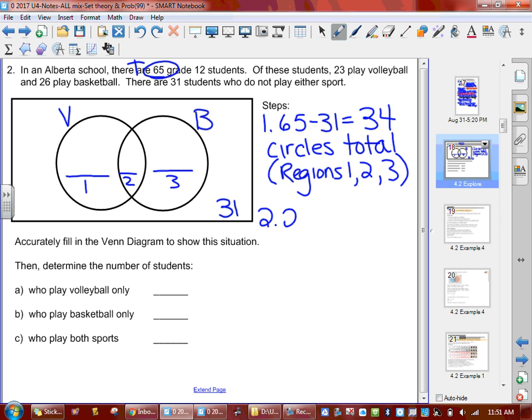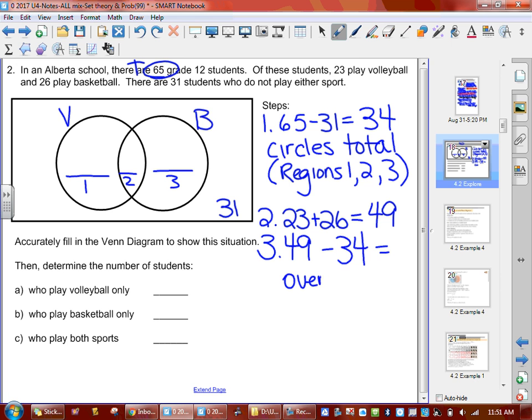Now step 3 says take those totals, 49, and subtract step 1, what they should equal, 34. That gives you your overlap, which is region 2. So our overlap becomes 15. So now we know region 2 is 15.